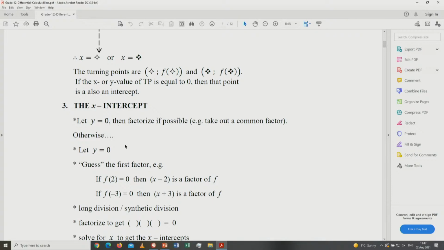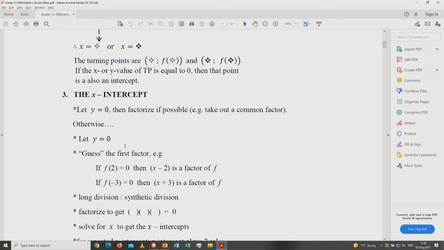If it cannot be factorized, we are going to have to find the first factor, and that can be obtained by making use of the Factor Theorem. For that, you'll recall, learners, we'll have to guess on this one, using the method called trial and error.